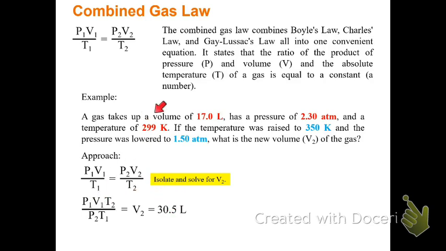P1, the first pressure, 2.30, times the initial volume, 17, times the final temperature, which is 350 kelvins, divided by 299 K times 1.5 atmospheres. And you get 30.5 liters.